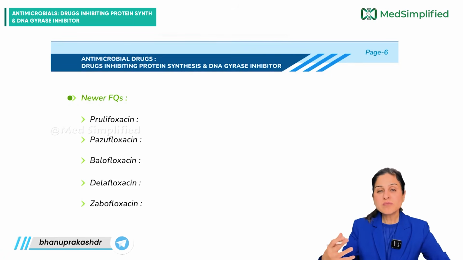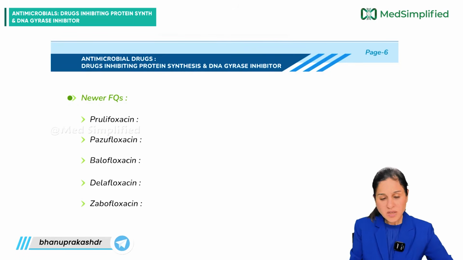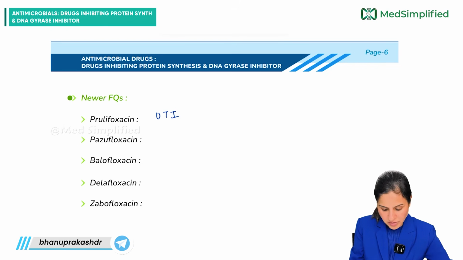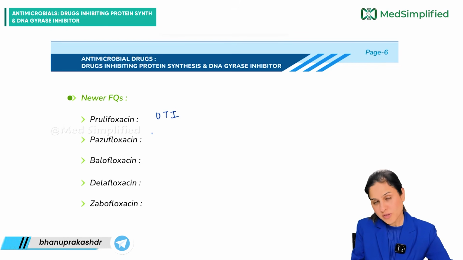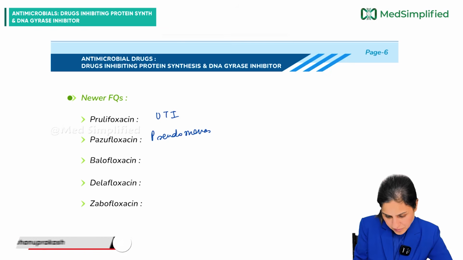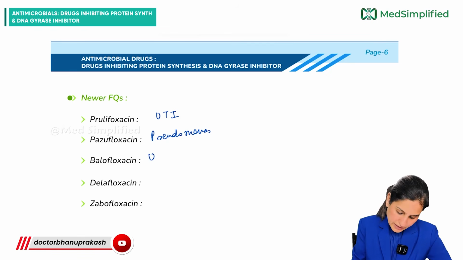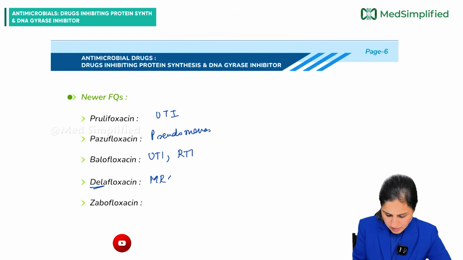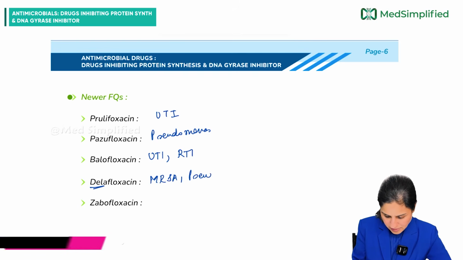So these are some newer fluoroquinolones that we have. Prulifloxacin, it is given for urinary tract infection. Pazufloxacin, it is very effective against Pseudomonas. Balofloxacin, again given for UTI and RTI. Delafloxacin, D is dual. Two things it does. It works against MRSA as well as Pseudomonas.